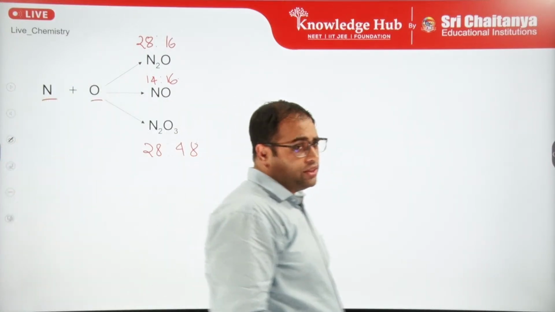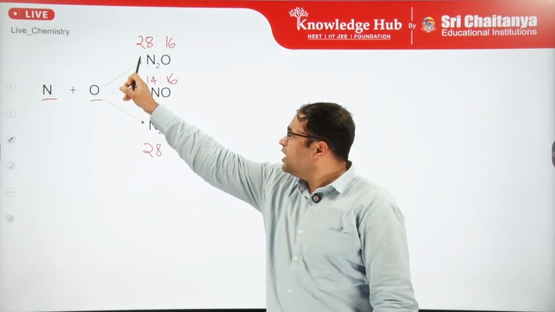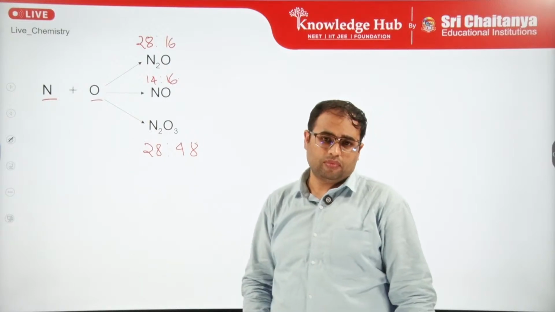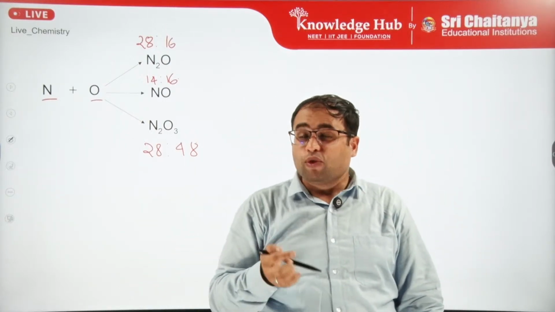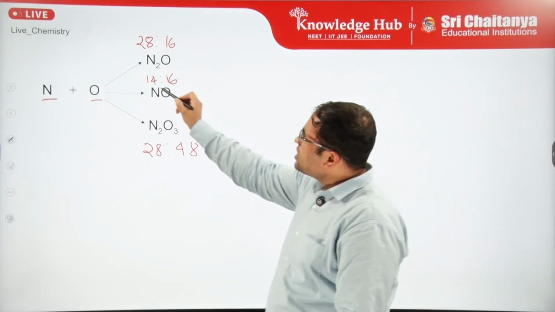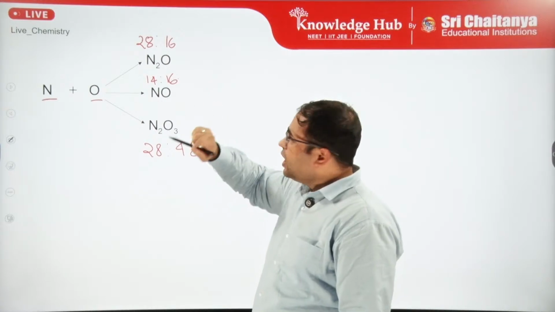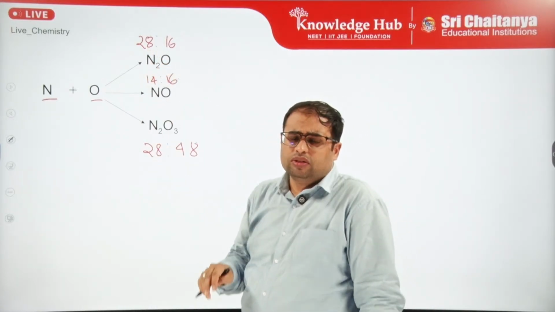You can see here now in this example, the mass of one element is changing, right? That does not work for us. We have to fix the mass of one element. How can I fix mass? See, this mass is the lowest, 14. What if I want to make this also 14 and this also 14?